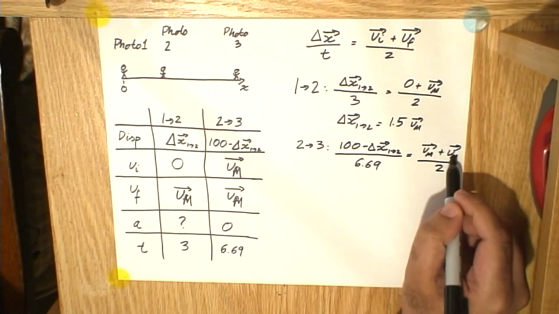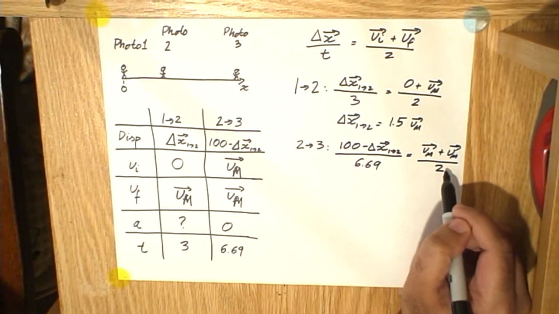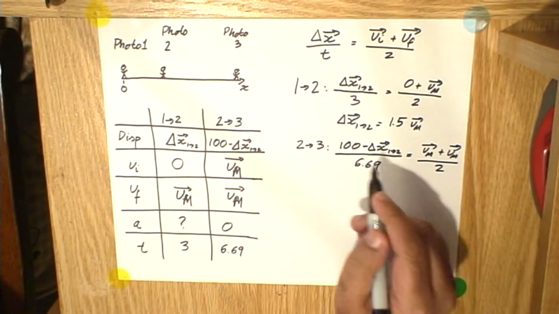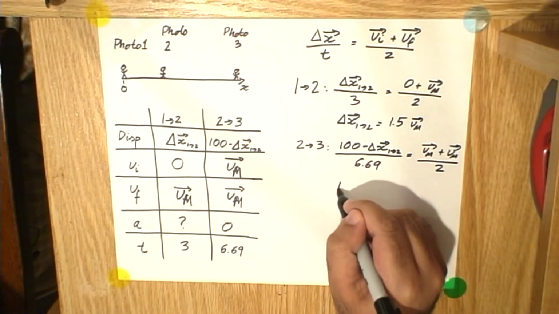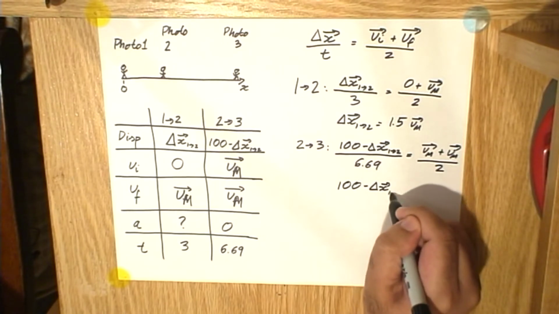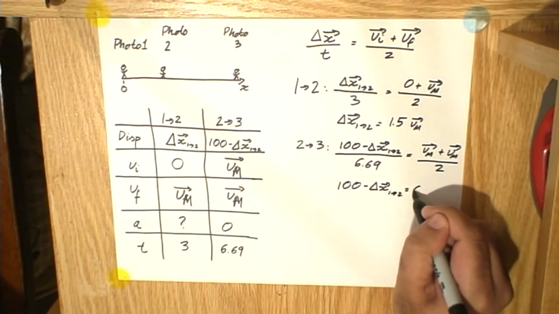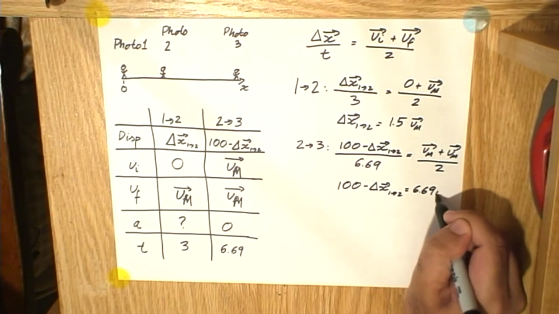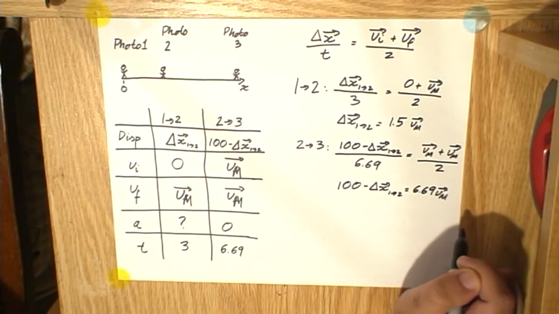So V max plus V max gives me 2 V max, but then dividing that by 2 will give me V max again. So multiplying both sides by 6.69 after all of that is done, I simplify that to 100 minus delta x 1 to 2 is equal to 6.69 times V max.